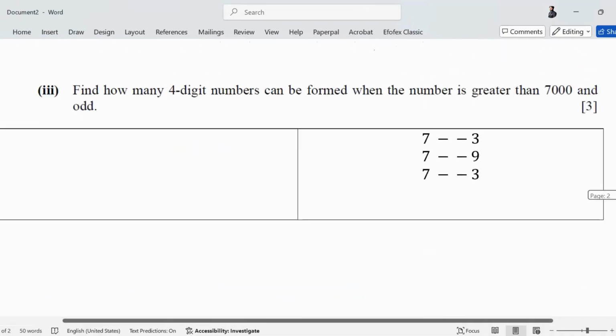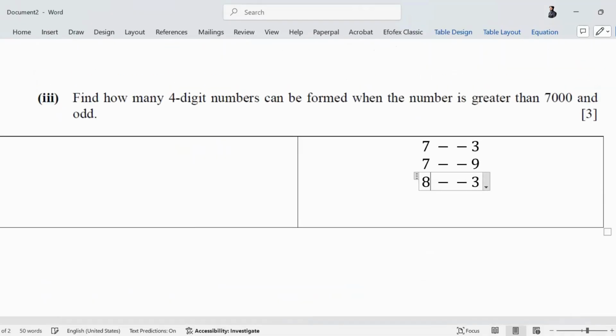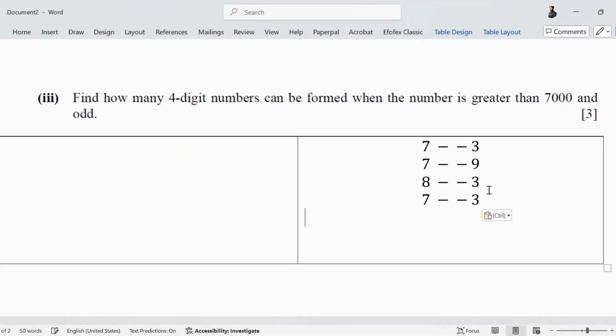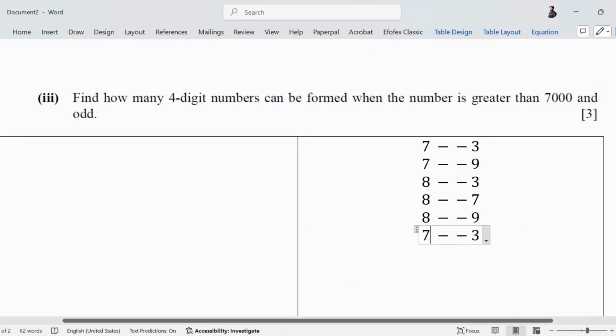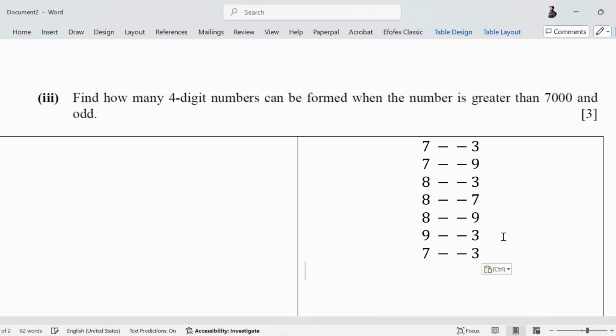Very good. Understand this counting. With 8 being the first digit, I can get 3, 7, or 9 as the last digit. Then, any other number?